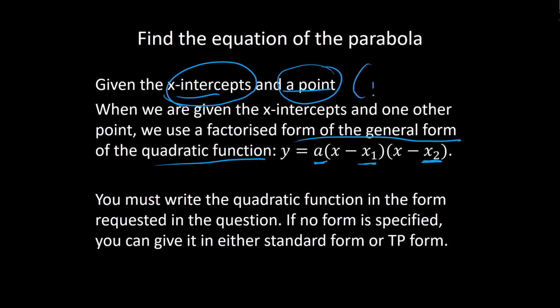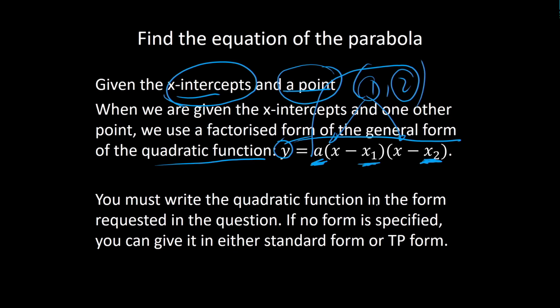Say you were given the point (1, 2) lies on this graph. You substitute x as 1 and y as 2, and solve for a, which you can then put back into this equation with the x-intercepts to find the equation of the parabola.